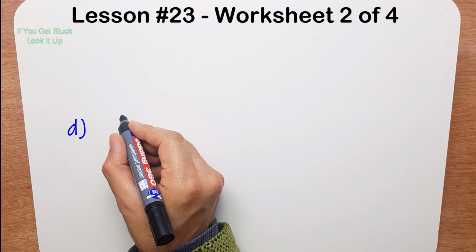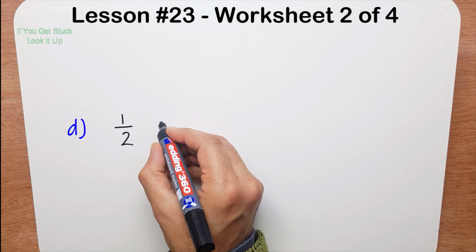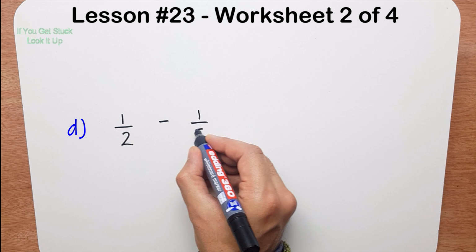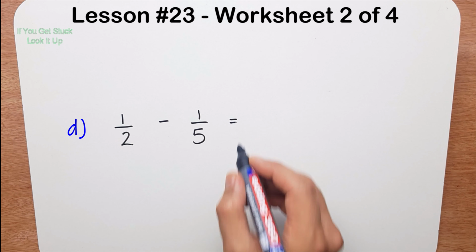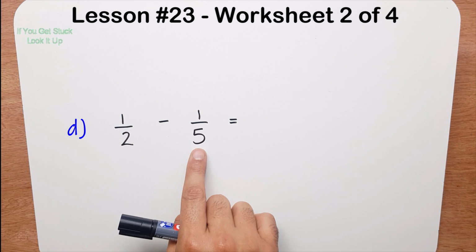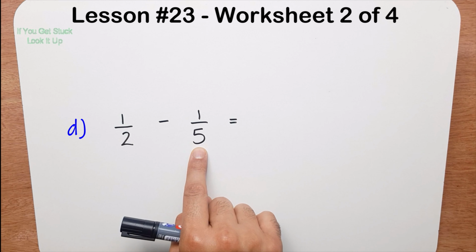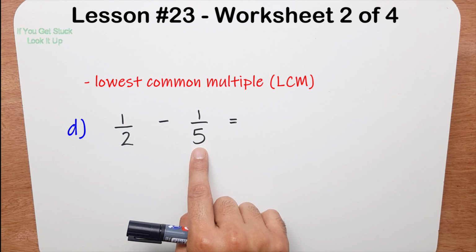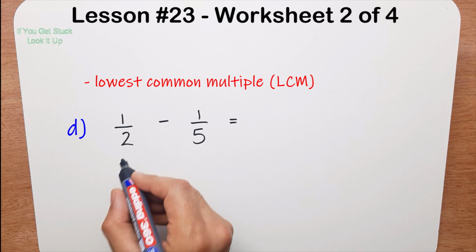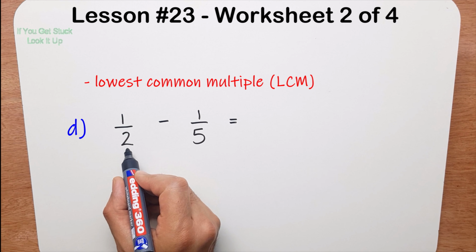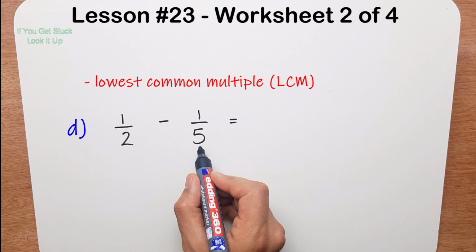Now my next question is 1/2 take away 1/5. Again, the denominators are different, and I need to turn them into the same number. So I need to find the lowest common multiple. Now, as before, I can see that 2 and 5 I can turn into a 10.